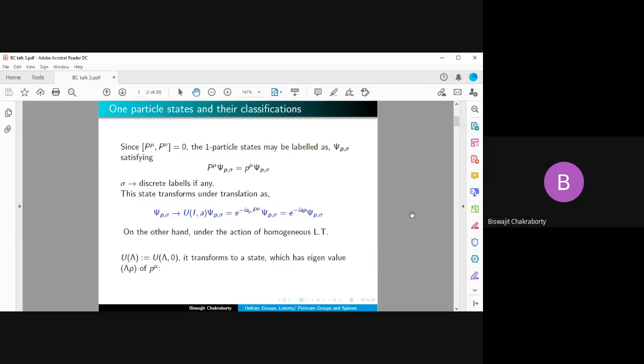Okay. So if you look at the Poincare algebra, you must have noticed the translation part: there are four generators, P mu, and they commute among themselves.